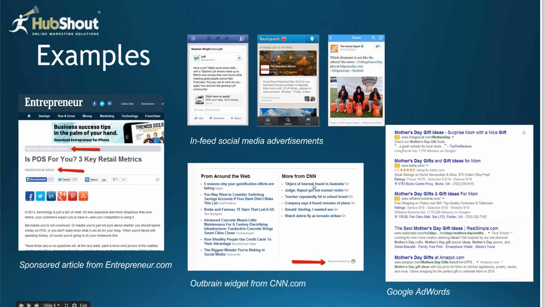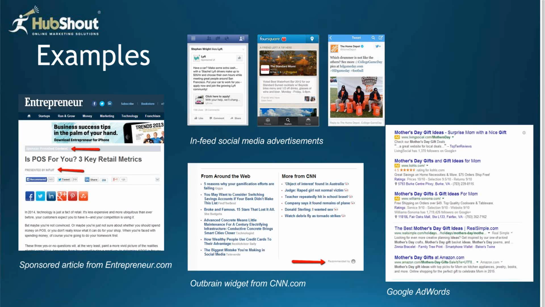Whereas the entrepreneur example is true native advertising, because this content, other than the small disclosure here and a small disclosure here, is exactly the same as all the other editorial content on entrepreneur.com.